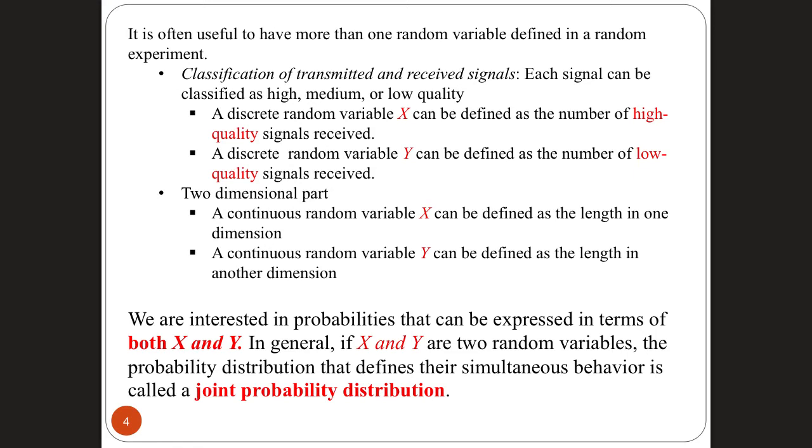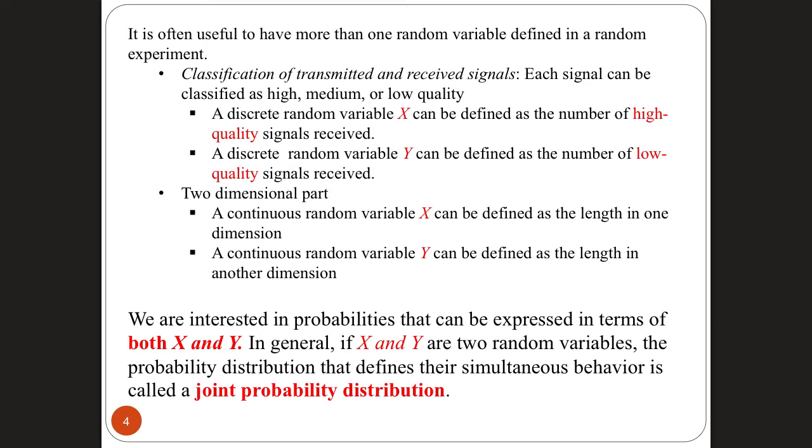And if that random quantity is represented in terms of random variables, then we deal with more than one random variable. And as I mentioned in the previous slide, we are restricted here in this course to the case of two random variables. However, in reality, and using the same concept, it can be extended to more than two, so 3, 4, 5, 6, and so on, but that's outside the scope of this course.